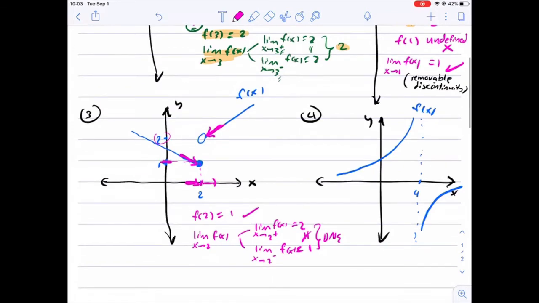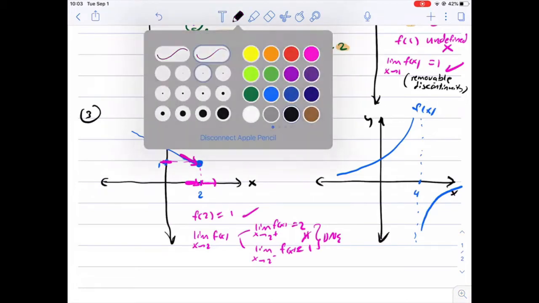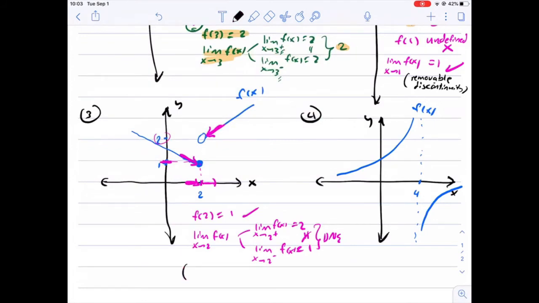And that's why the function is not continuous at 2. The image is not equal to the limit. The limit does not exist. So this type of discontinuity, let's call it jump discontinuity. Imagine that in order to continue on that curve, you need to jump here, right? So let's call it jump discontinuity.